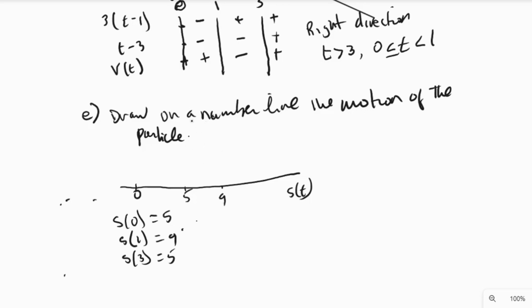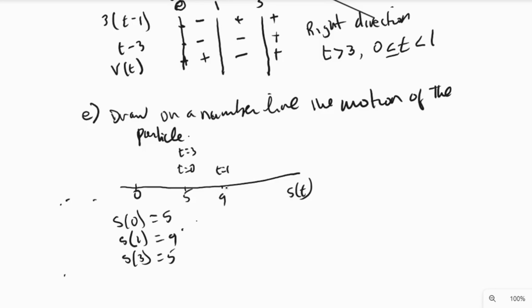So now the particle is going from 0 to 1. At t equal to 0, we have 5. Then at t equal to 3, we have 5. At t equal to 1, we have 9.